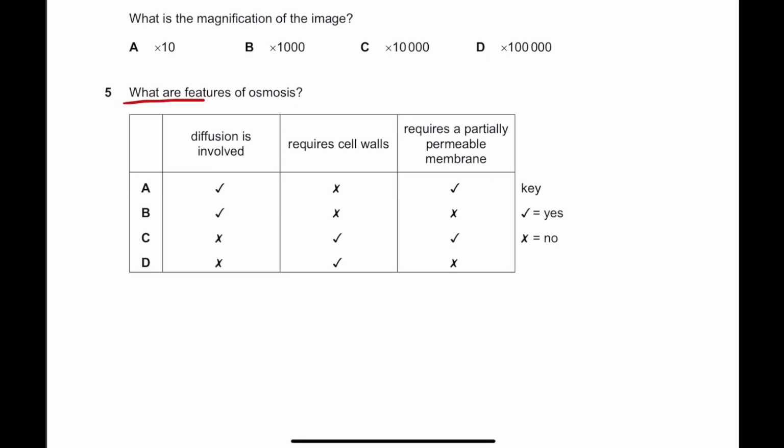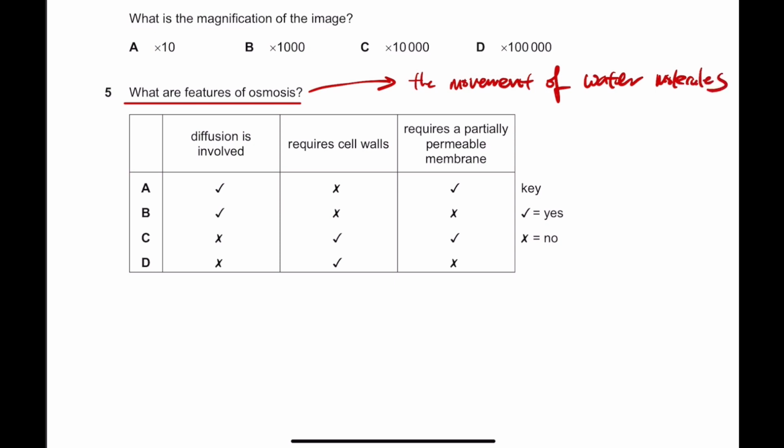Number 5. What are features of osmosis? So osmosis is the movement of water molecules from high to low water potential.